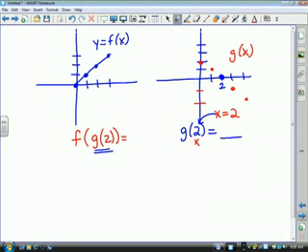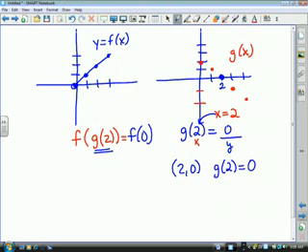It's 0. Why? Remember, we talked about this a while back. 2 comma 0, and g of 2 equals 0 is the same thing. And then you would do f of 0, which is that right there. We'll do some more of that tomorrow.